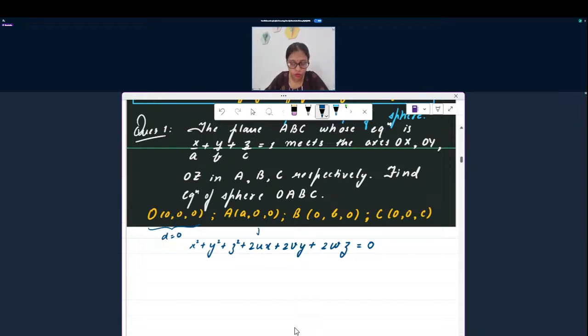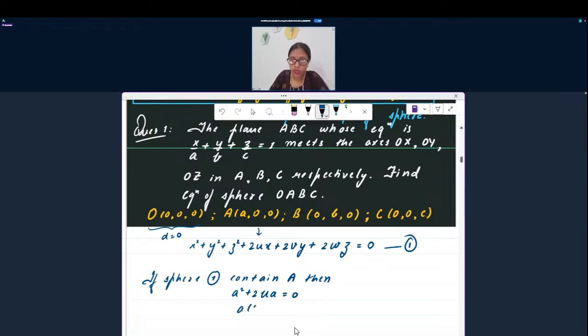Now, if A also lies here, so what is it? If sphere 1 contains A, then a square plus 2ua is equal to 0, which means a plus 2u is equal to 0.